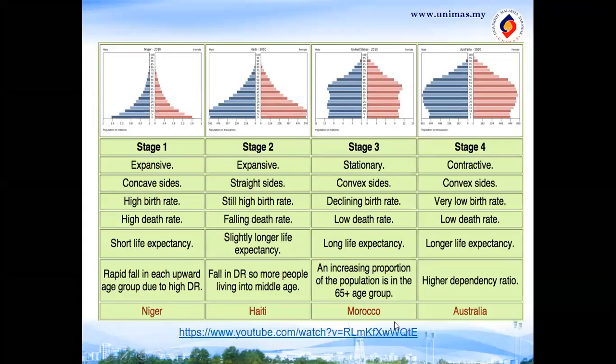And here we have stage 3, example could be Morocco, Singapore, and many other more advanced developing countries, sorry. And this is typical of many of the developed countries like Australia, Canada, Germany, and all that, having this kind of shape. Okay.